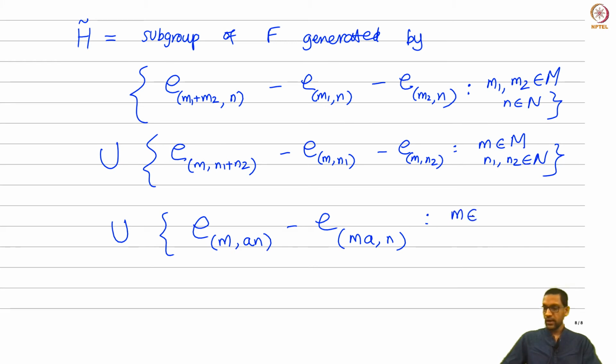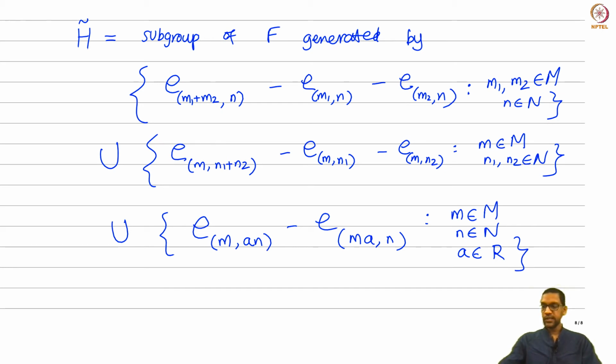So this is for all m in M, n in N, and now a comes from the ring R. This is the key thing, that now the elements of the ring R are involved. This H tilde is different from the previous H, in the sense that the previous one only involved the first two subsets. This also has this third additional set of elements.